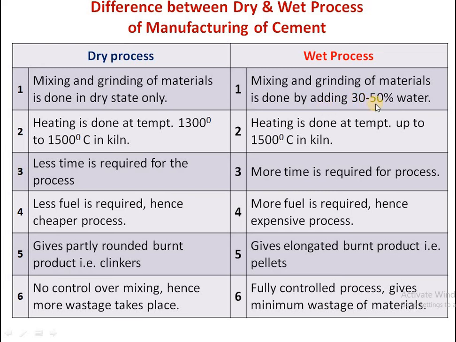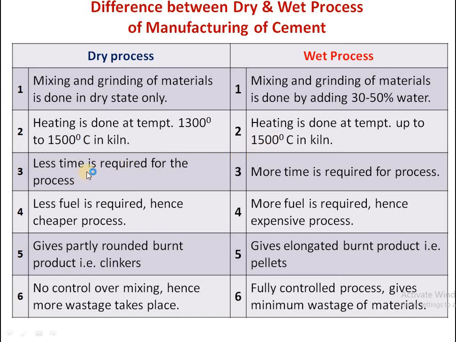Here there is natural moisture available, but there we should add 30 to 50% water. Second, heating in the dry process is done at a temperature of 1300 to 1500 degrees Celsius. But in the wet process, due to the addition of water, we require a temperature of more than 1500 degrees Celsius.